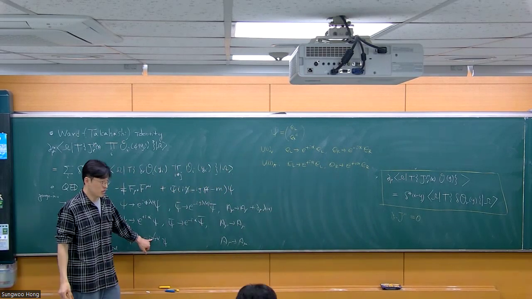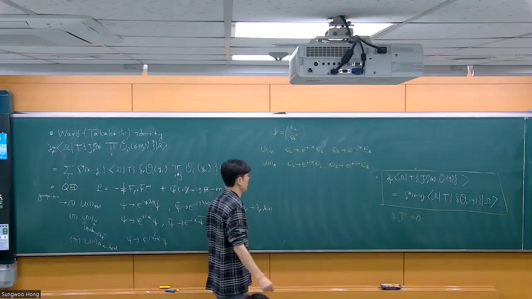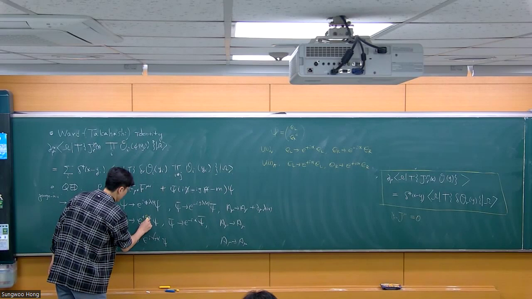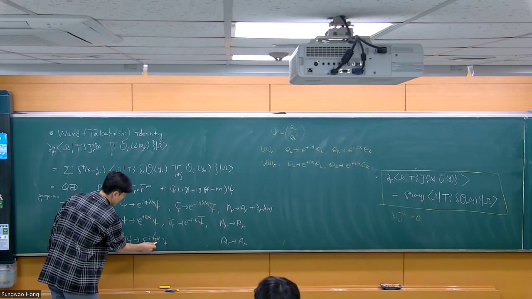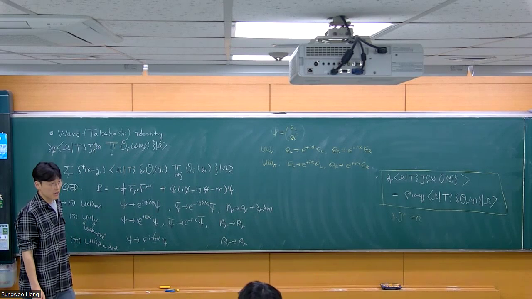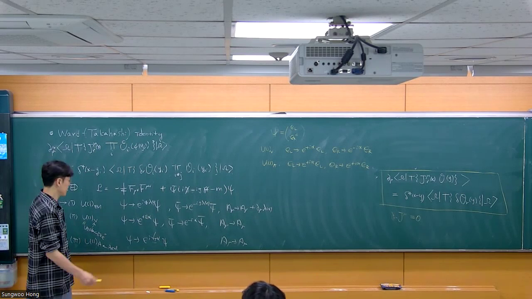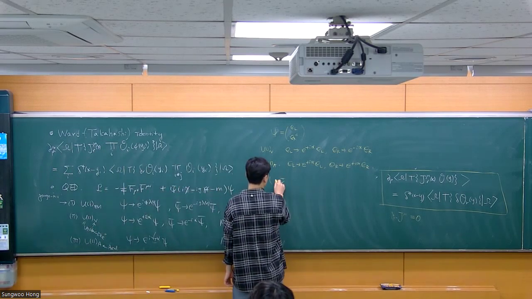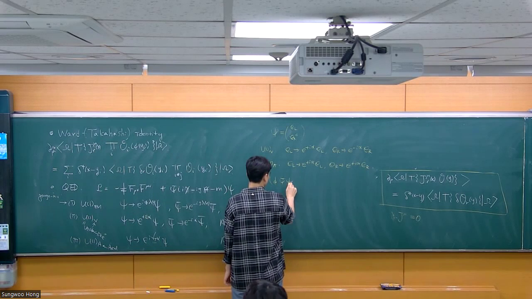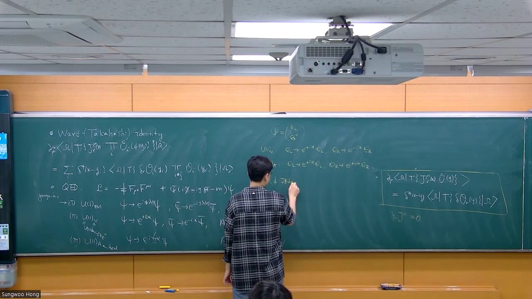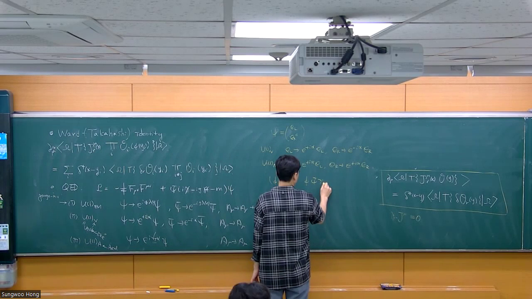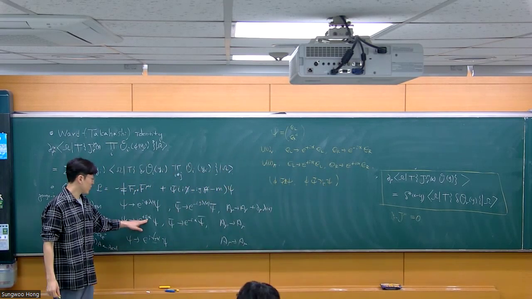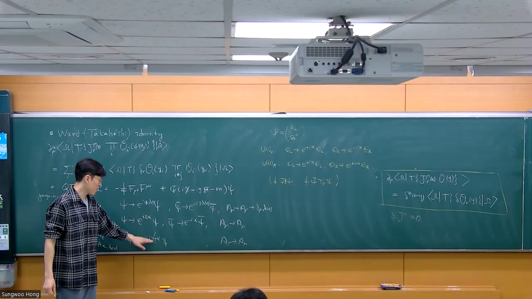That's what this gamma five controls. So for U(1) vector, there's an identity sitting there, whereas for U(1) axial, gamma five sits there. Okay, so that's the difference. Basically you have 1 for the identity as a generator, and the other has gamma five sitting there.